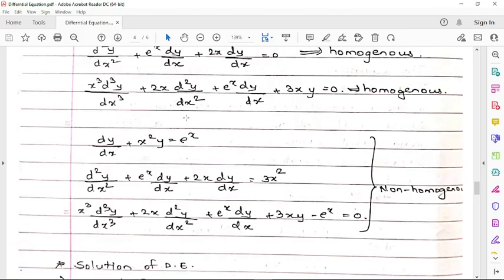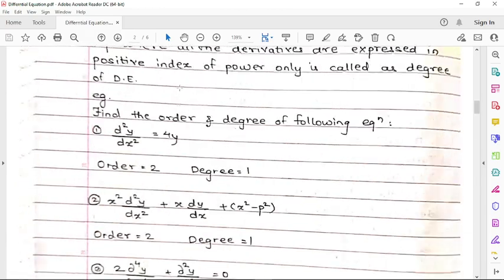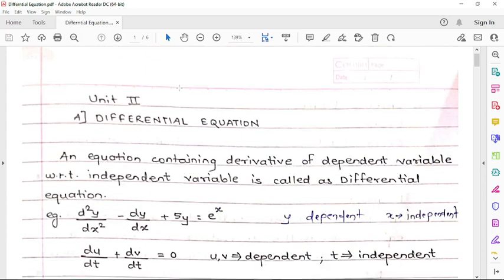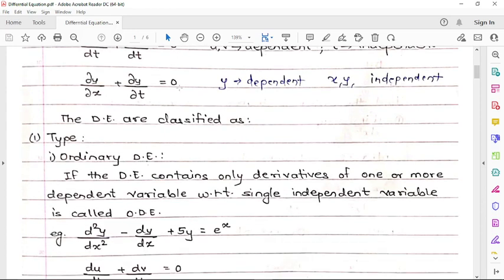Okay, so today what we have done, we have firstly learned the definition of differential equation, then dependent and independent variables, how to identify types.